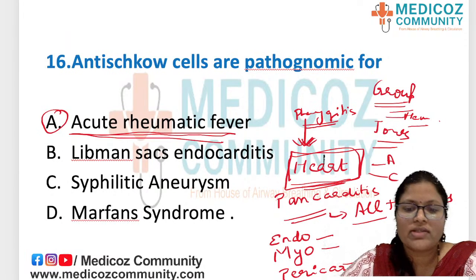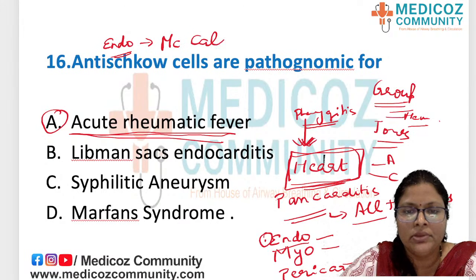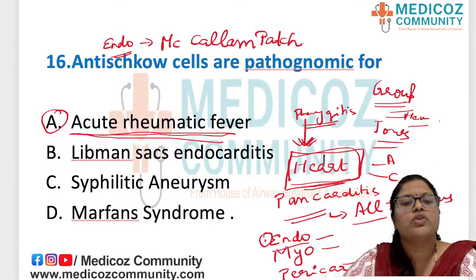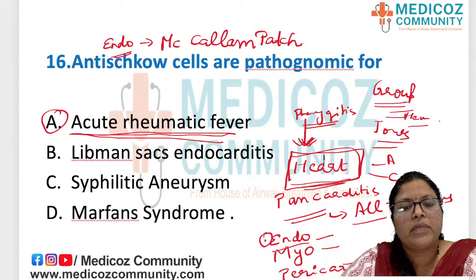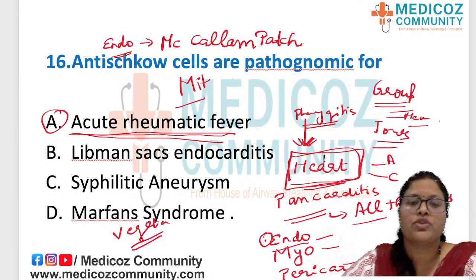What is the endocardial lesion called, students? Very important, I'll put it here. Your endocardial lesion is the MacCallum's patch. Which is the most common valve involved? Mitral, right? And what happens here? You have vegetations which go and sit on the valves. Again a question, so you need to also know the vegetations in pathology, where all they sit.